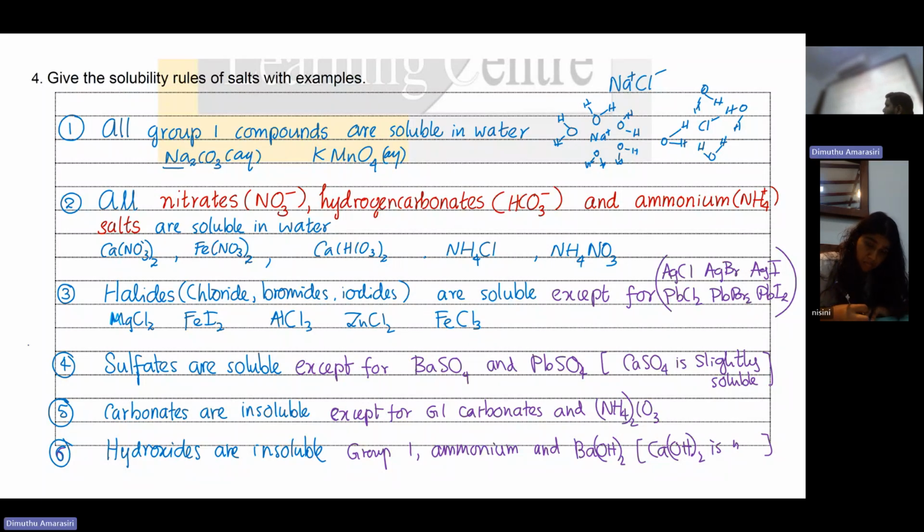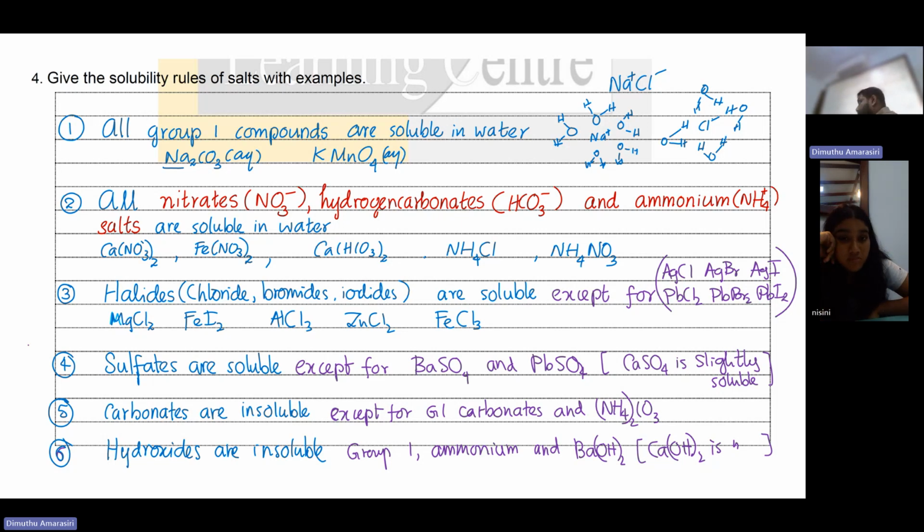Rule 5. Carbonates are insoluble. But there are some rules on top. Those are top priority. Even though carbonates are insoluble, group 1 and ammonium carbonate should be soluble.